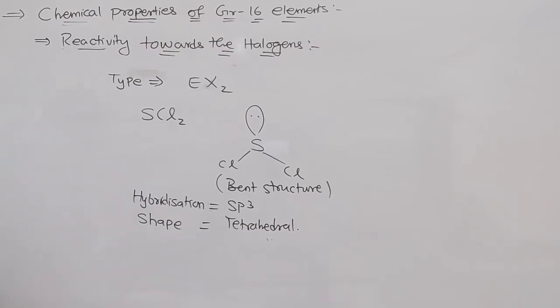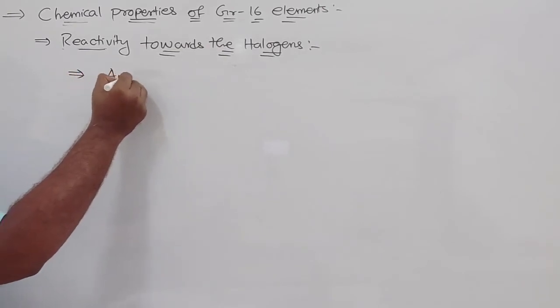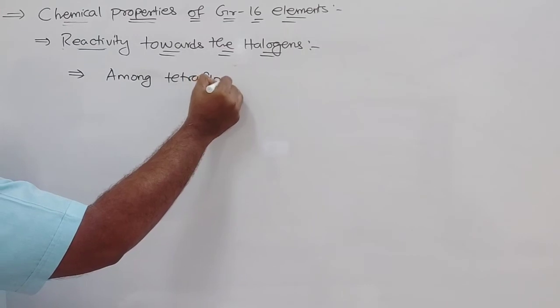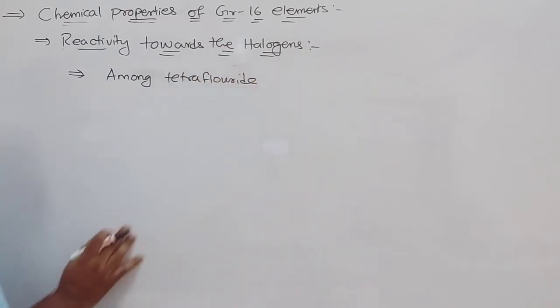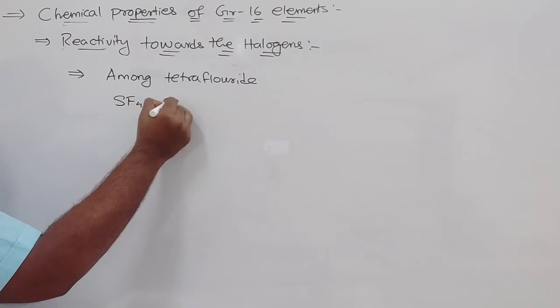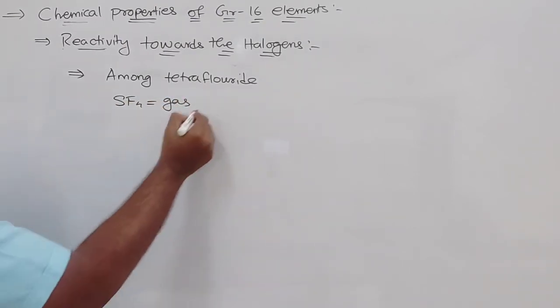Then some others are also given. Now one more property is left out, that is among tetrafluorides. Clear? Among tetrafluorides, always remember this, it can be asked as a 1 mark MCQ. SF4 is a gas.